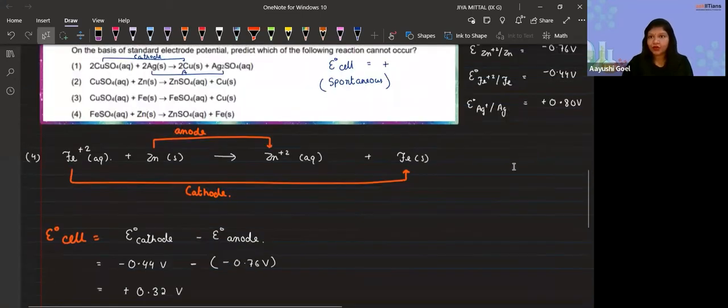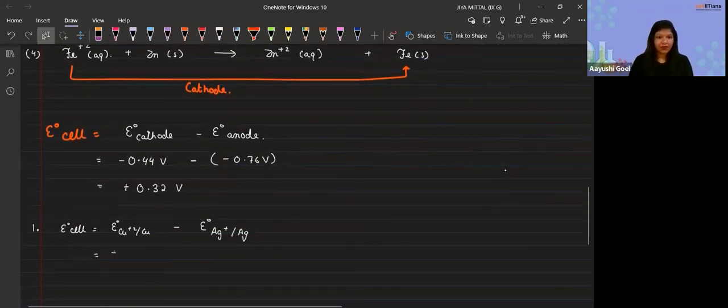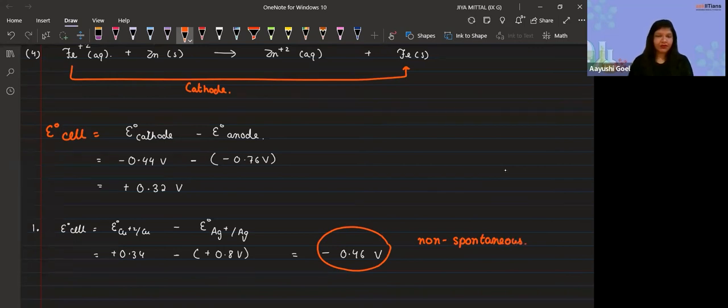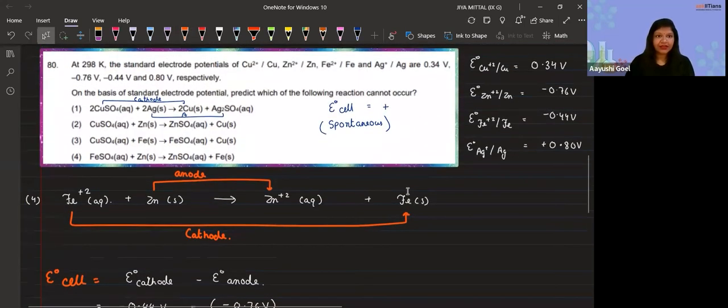For copper it was given to be plus 0.34, and for silver it is plus 0.8 volt. This value turned out to be negative 0.46. As this value is negative, this reaction is non-spontaneous. Hence, it will not occur. So the correct answer is the first one, because they were asking for the reaction which will not occur.